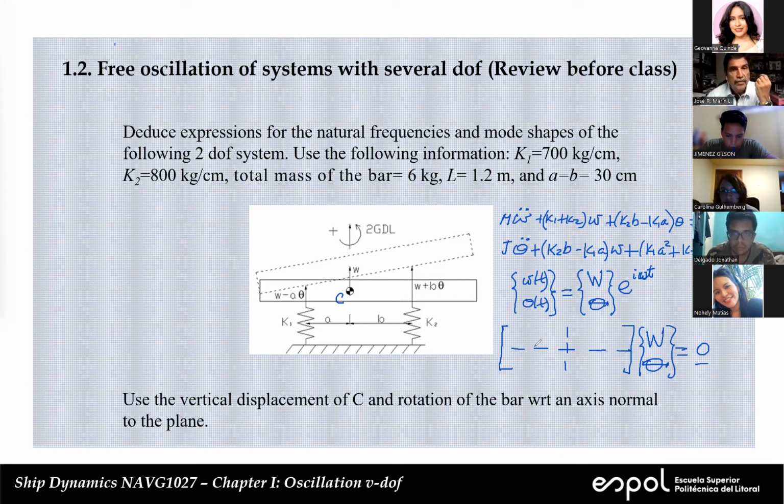And right now, since we are working with free oscillation, we need to find omega. Once you have D11, raise your hand so I will write down whatever you want to tell me.